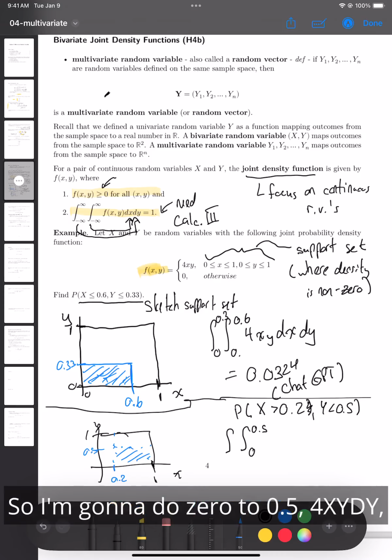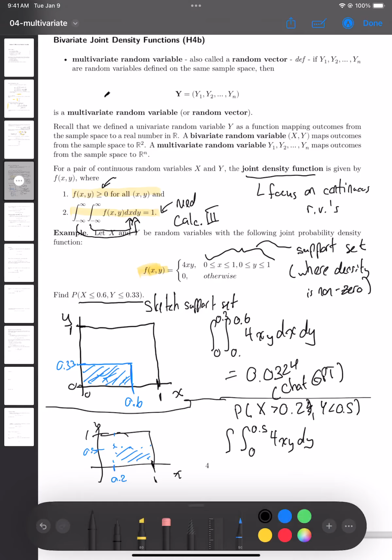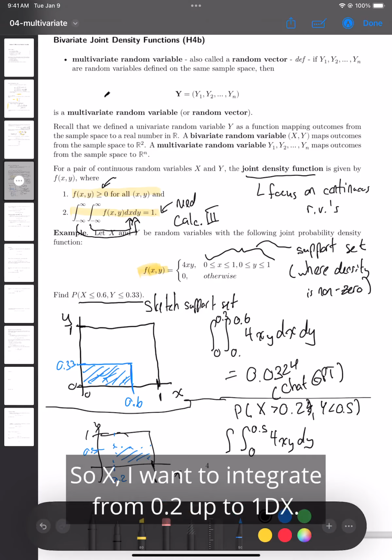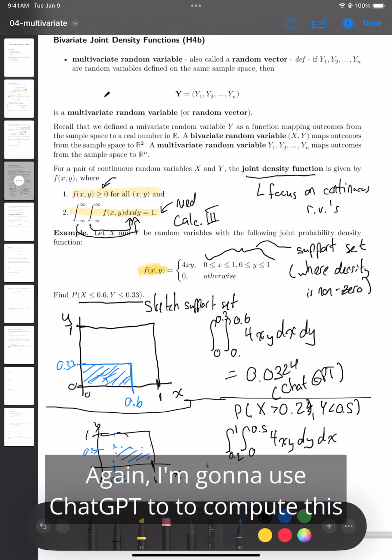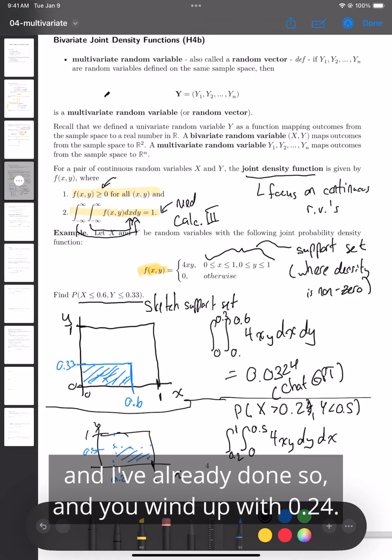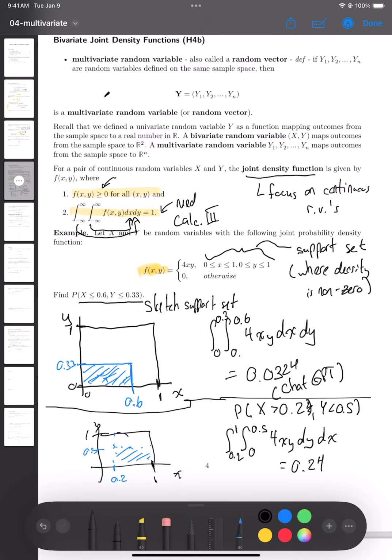So I'm going to do 0 to 0.5 for xy dy. And then x is second, so x, I want to integrate from 0.2 up to 1 dx. Again, I'm going to use ChatGPT to compute this, and I've already done so. And you wind up with 0.24.